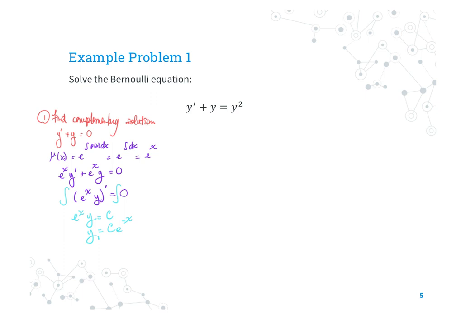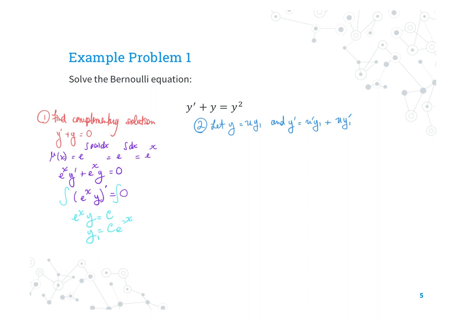And step 2 of our process says, okay, now that you've found y1, you need to let y be u, which is a function of x, times y1. And then we know that y prime is going to be u prime y1 plus u y1 prime.